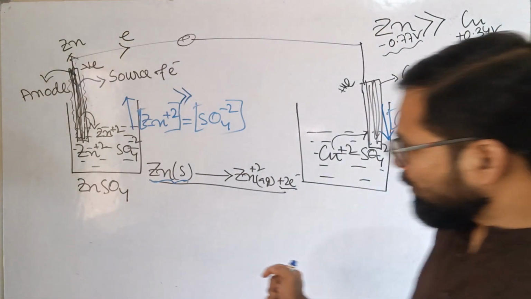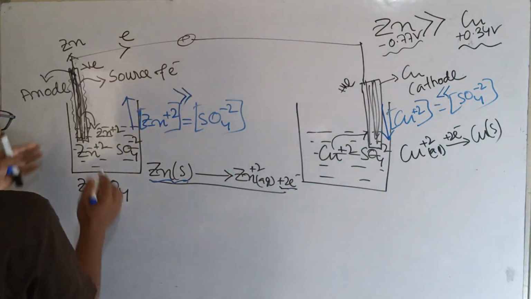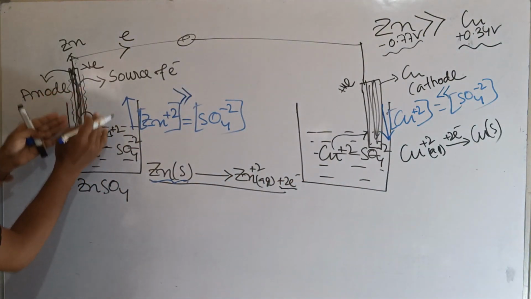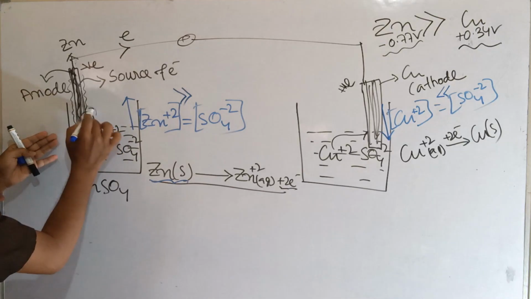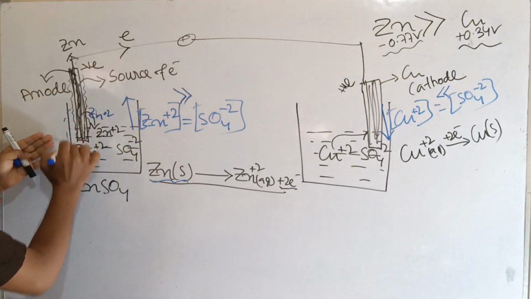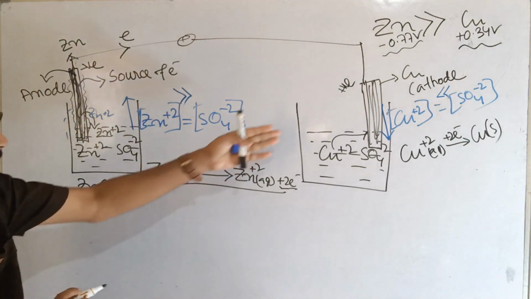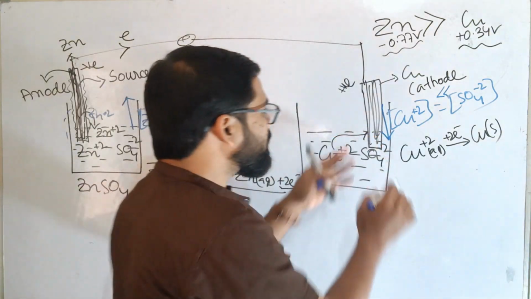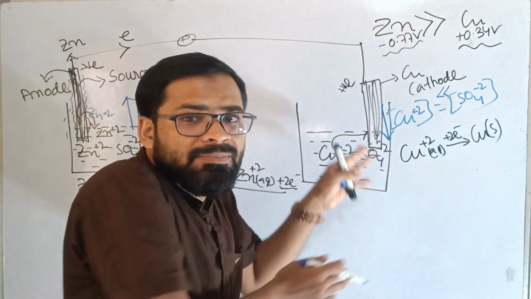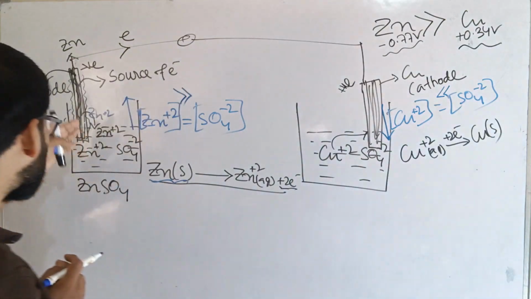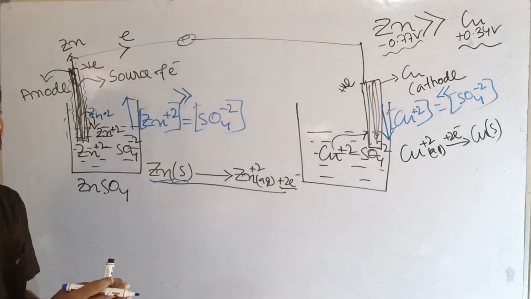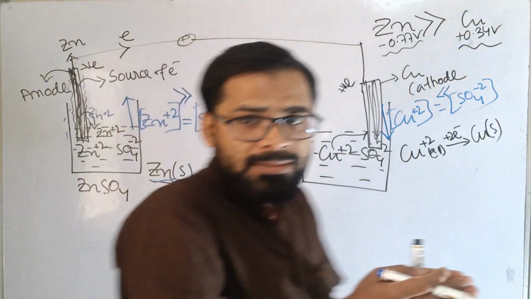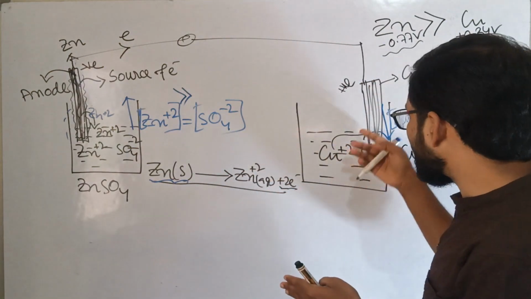Now we can see here this electrode surrounded by only Zn+2, and this electrode surrounded by only SO4 2-, surrounded by negative charge, and this one surrounded by positive charge. So there will be no exchange here.